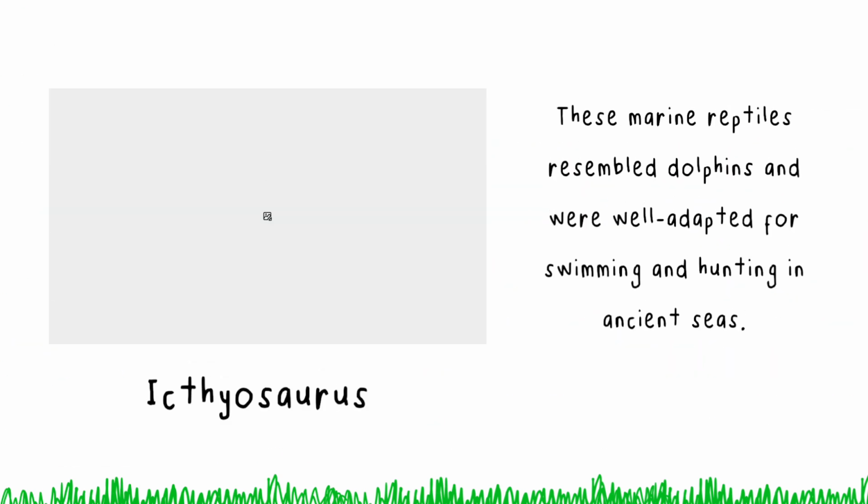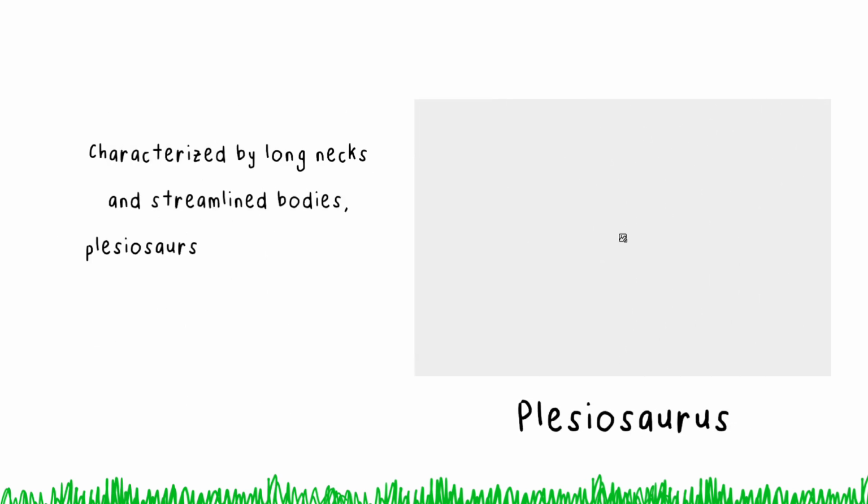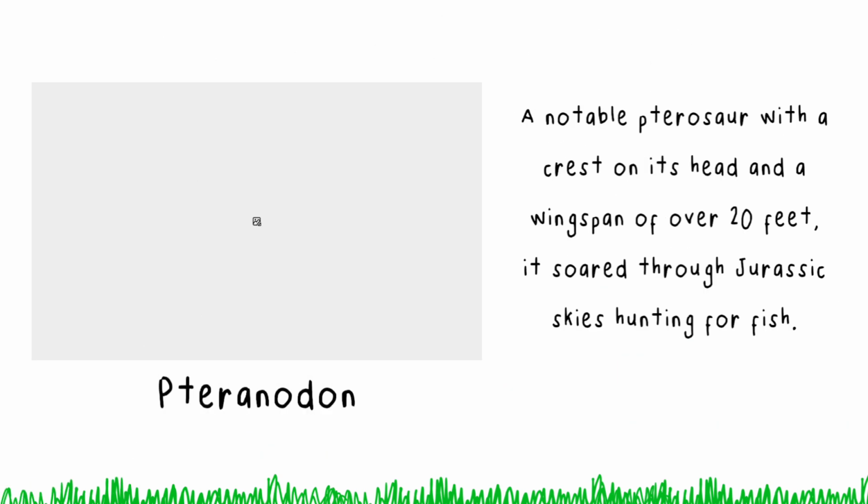Ichthyosaurus. These marine reptiles resembled dolphins and were well adapted for swimming and hunting in ancient seas. Plesiosaurus. Characterized by long necks and streamlined bodies, Plesiosaurus were formidable predators in Jurassic oceans.